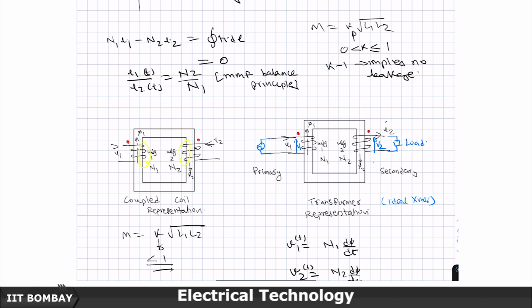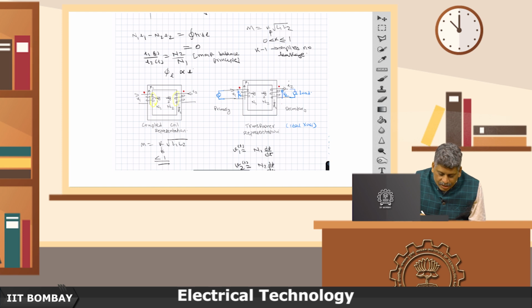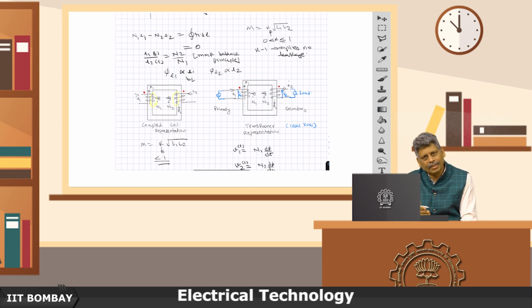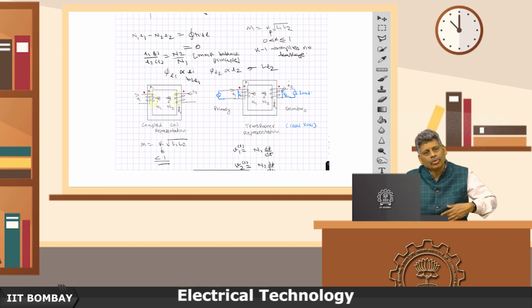The leakage flux phi L is proportional to the current which is flowing. So, phi L1 is proportional to I1 and phi L2 is proportional to I2. Therefore, the component which has to model it is the leakage inductance L1 for the primary winding and the leakage inductance L2 for the secondary winding.